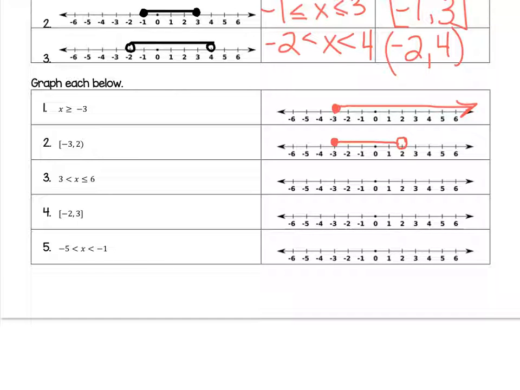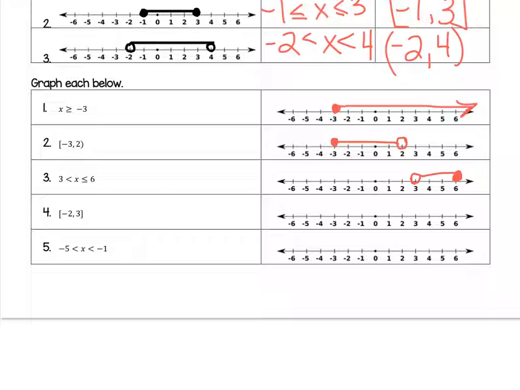Number 3. 3 is less than x. Okay, so let's put our open point at 3, since we know we can't have 3 included, but it gets really close, and it goes all the way up to 6. So there we have our filled in point from 3 to 6.